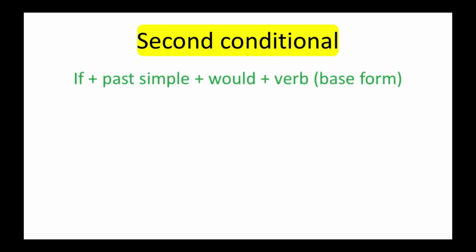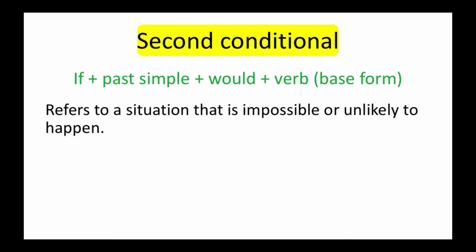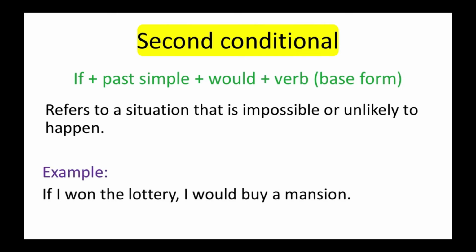Now let's continue with the second conditional. In the second conditional, we have to change something. In this case, we use if plus the past simple plus would plus the verb in the base form, and it refers to a situation that is impossible or unlikely to happen. Unlikely means improbable.